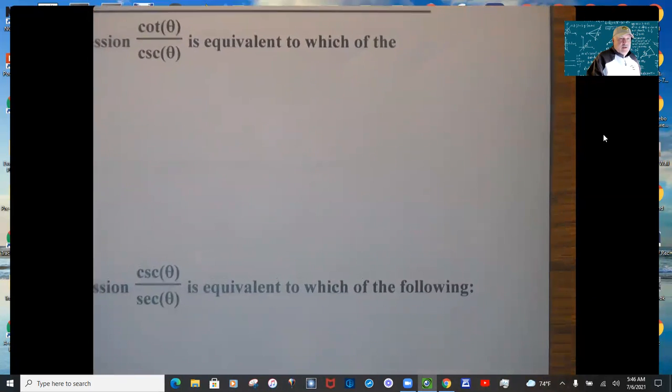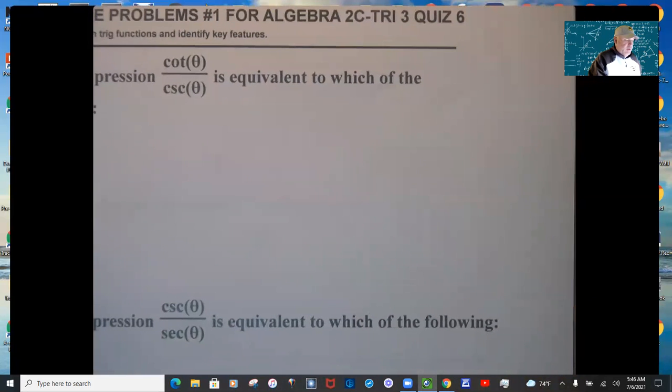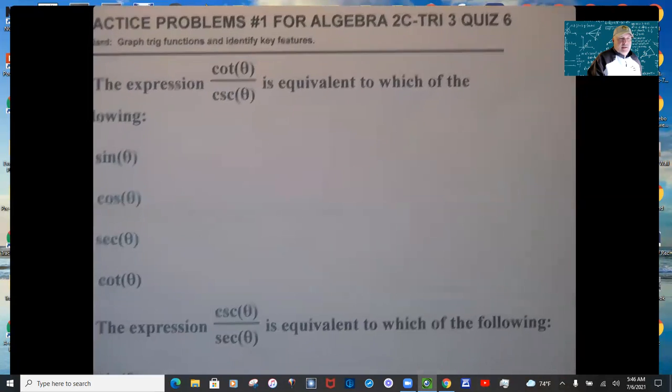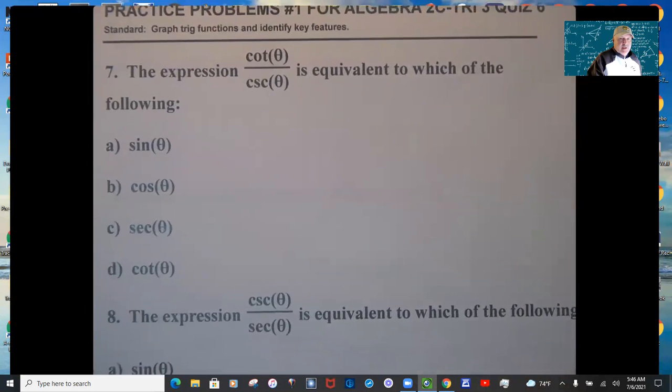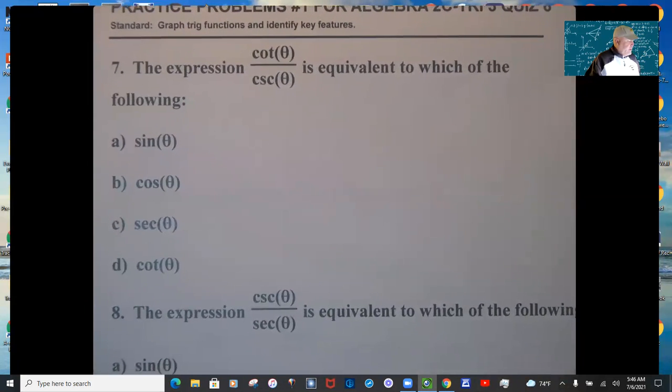Okay, here you want to probably look at your notes with the page on the reciprocal ratios especially. The idea is to try to convert everything into sine and cosine, or if you see squares, you most likely have a Pythagorean identity.